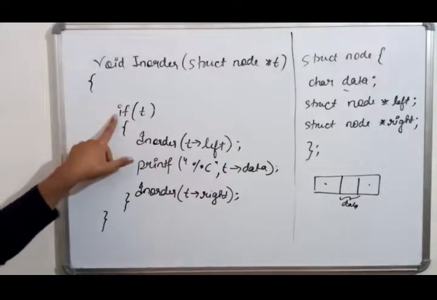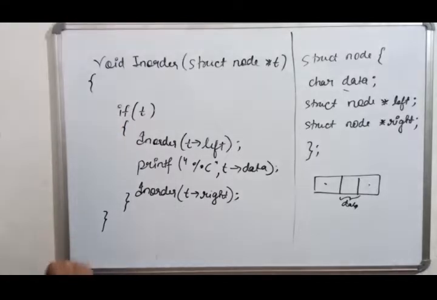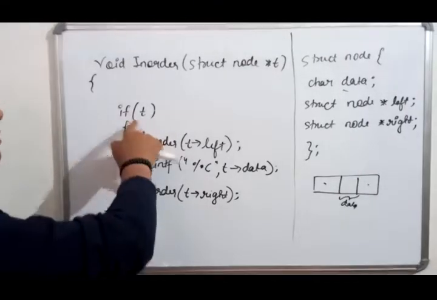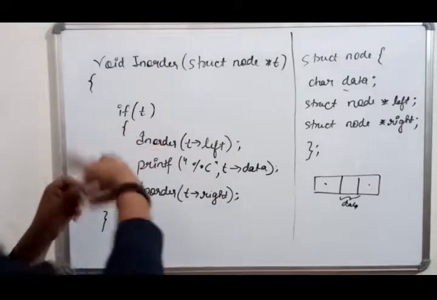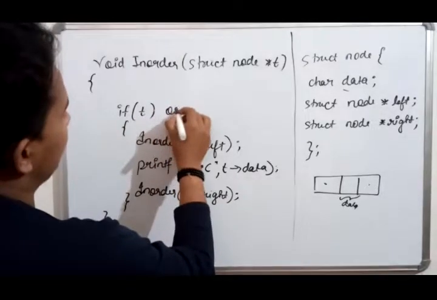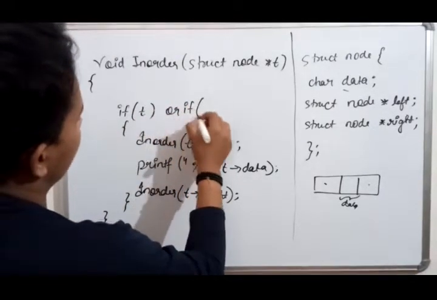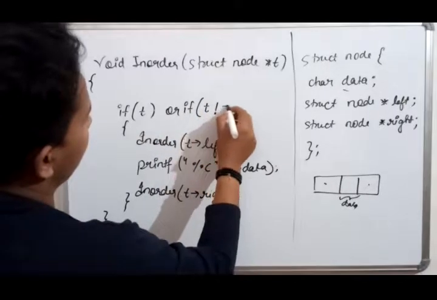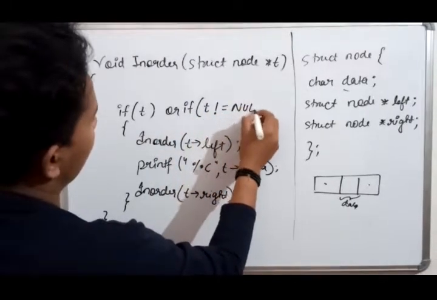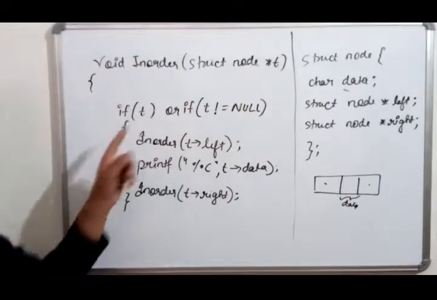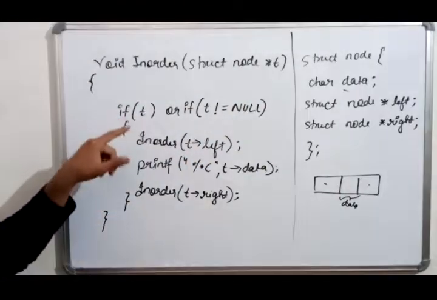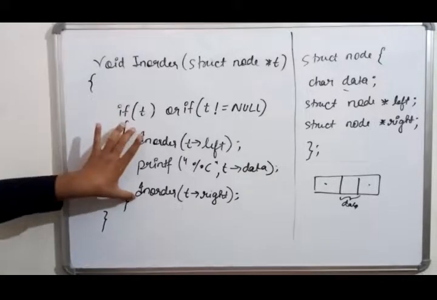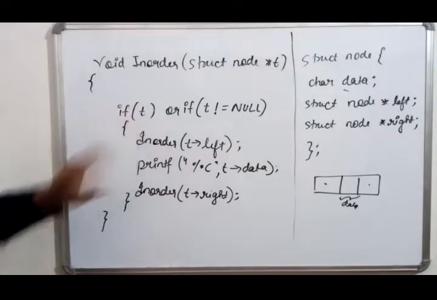Now in the next line, if t is not equal to null, we use this convention. It is the same as if t not equals to null. So these both are same. Whenever t is not equal to null, we will enter the body of this if condition.